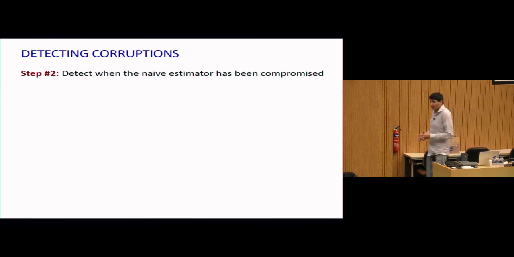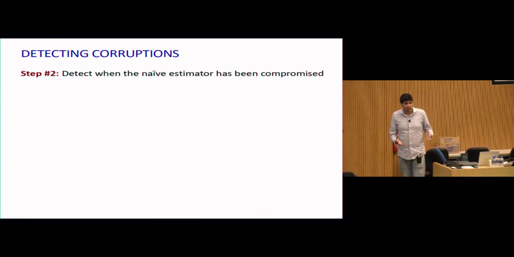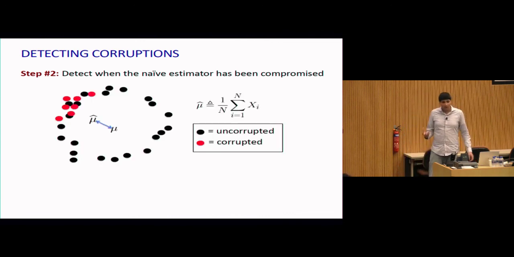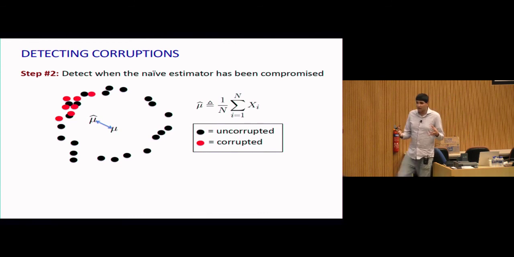Remember, our idea is going to be much more simple-minded than any of the other estimators out there. We're going to try and use the empirical mean anyways. We just want to detect when it's been compromised. The way to think about this is that a high-dimensional spherical Gaussian behaves like a distribution that is essentially uniform on some thin spherical shell. The radius of that sphere is about root d, because that is the Euclidean norm of a random sample from a high-dimensional Gaussian.